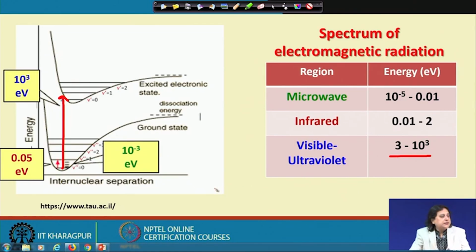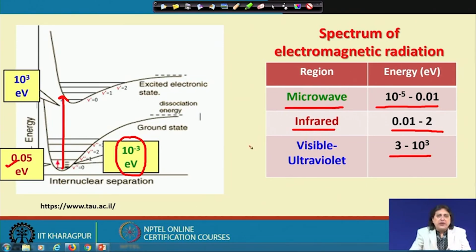The energy range for the vibrational excitation falls in the infrared region, and these are much smaller energy values. And the energy scale for the transition between rotational energy levels is even smaller, and they require microwave radiation to promote these transitions.